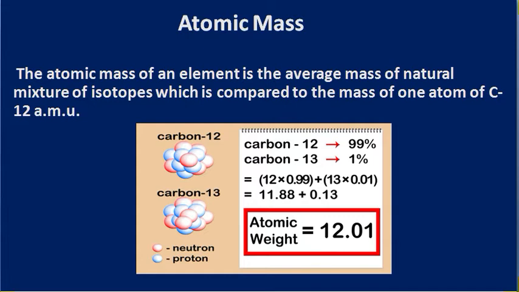So why carbon atom? Since the masses of elements consist of a mixture of isotopes. Isotopes, I told you, have the same atomic number but different atomic masses. So carbon also has isotopes. The same carbon atom has two atomic masses, one is 12 and the other is 13.